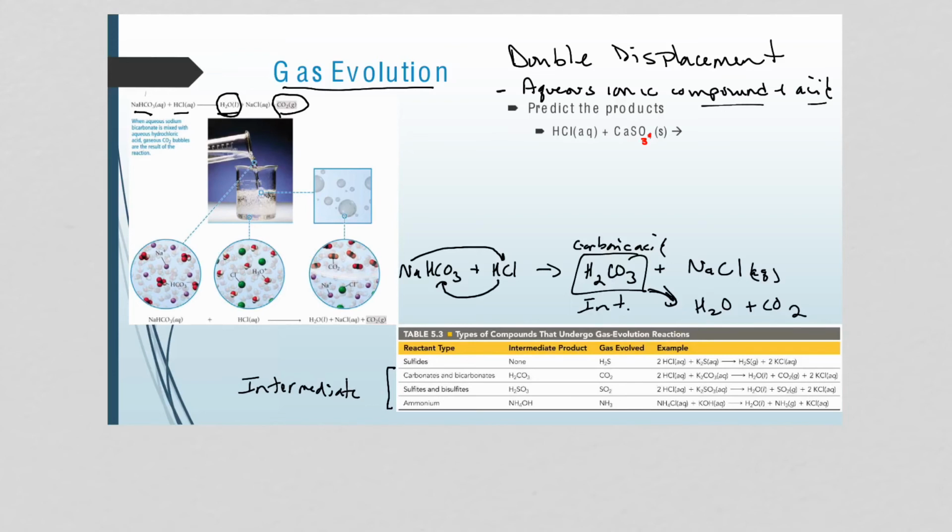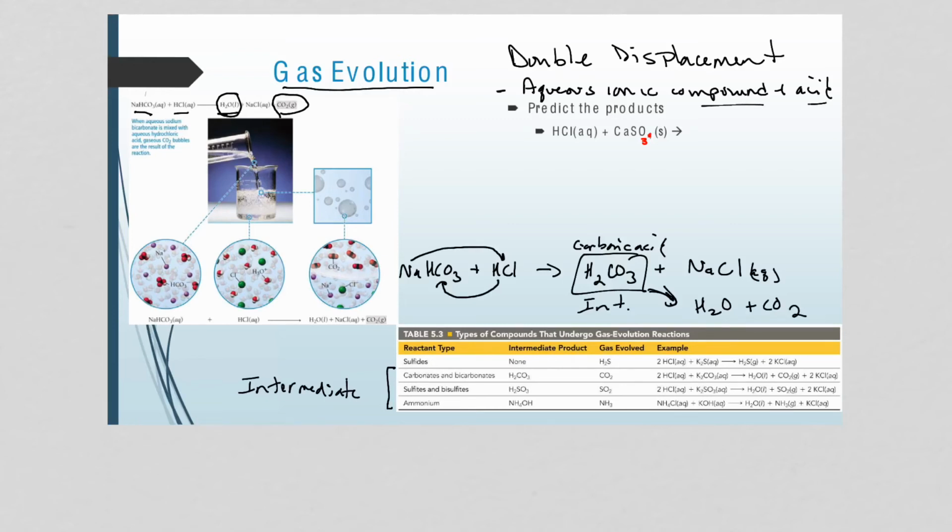So these bottom three types are different versions of this type of gas evolution reaction, where if we follow the pattern, we have some sort of aqueous ionic material, either a carbonate or a bicarbonate, or a sulfite or a bisulfite.